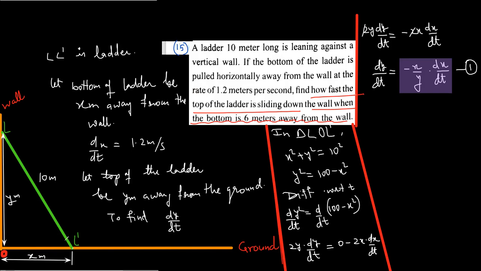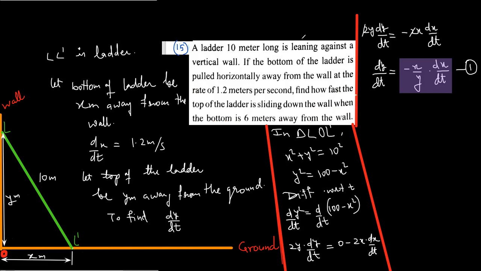So they have given you that x is 6 meters at the time when you have to find the rate of change in y. So you have to find dy by dt when x is 6 meters. So remember, when x is 6 meter, what will be y? That also we will find out.